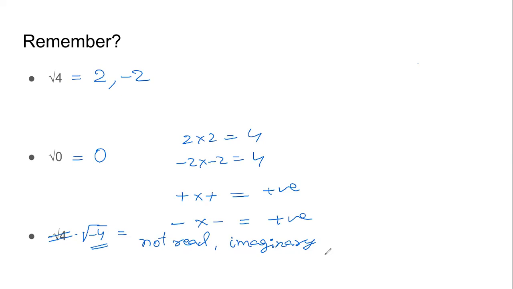For school, for this chapter, for this year, we need to know that square root of positive number has two possible answers. Square root of 0 has only one answer, which is 0. And square root of a negative number, we don't know what the answer is. We will study later, but it is not a real number. It is an imaginary number.